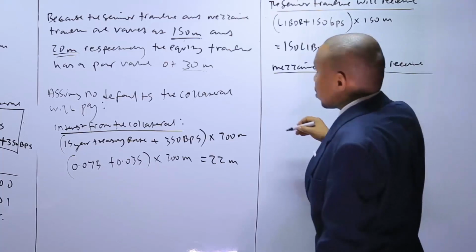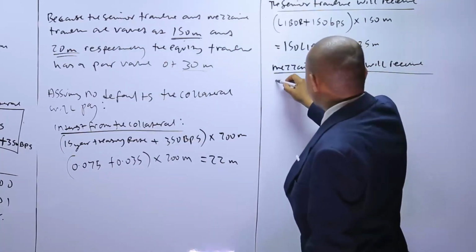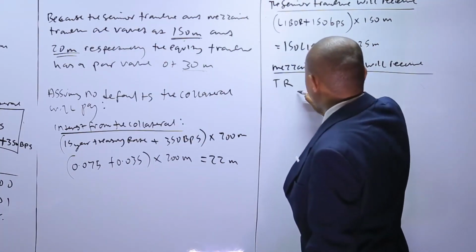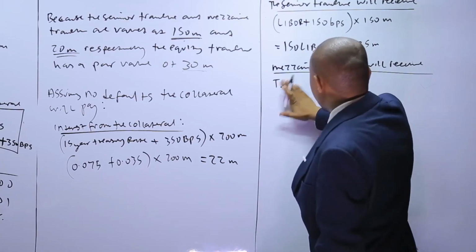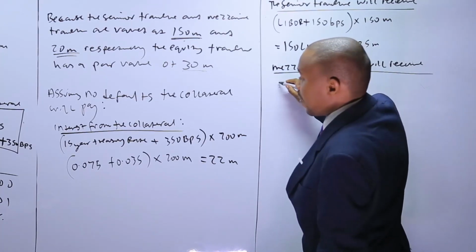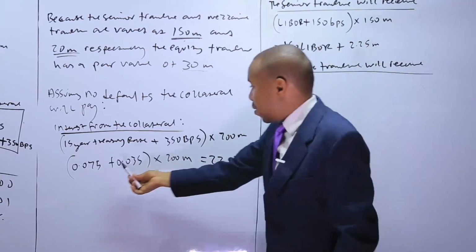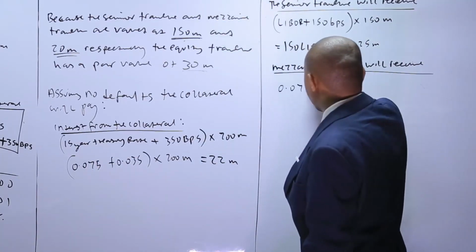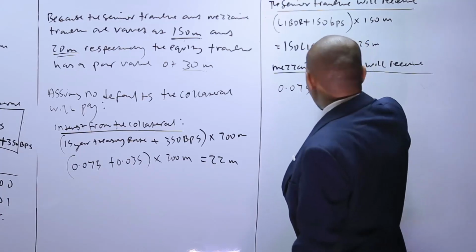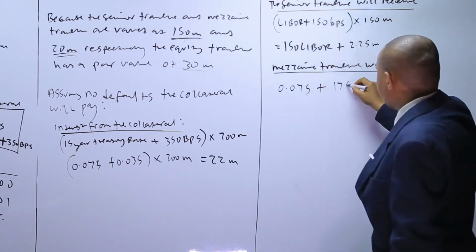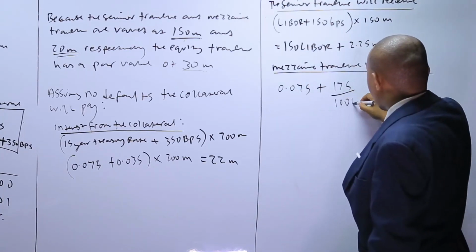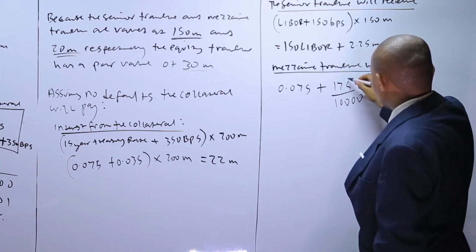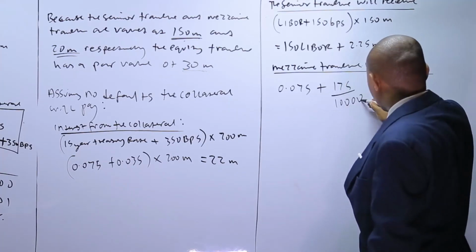It's written down over there, the treasury rate, TR, that's treasury rate, which we are saying is how much? 7.5%. We've already converted that one right down over here, 15-year treasury rate, 0.075. Then we add 175 basis points, 175 over 10,000, like that.